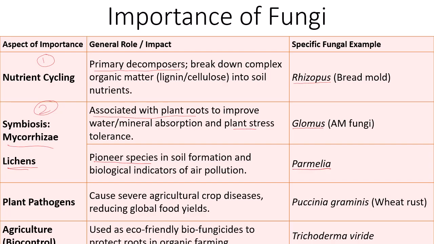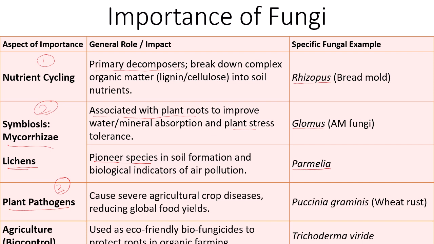Then most of the fungi are plant pathogens. This is the third point. They cause severe agricultural crop diseases and they reduce the yield of agricultural crops, through infection on the root, stem, leaves, fruit, and different plant parts.